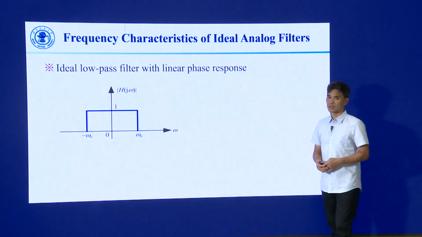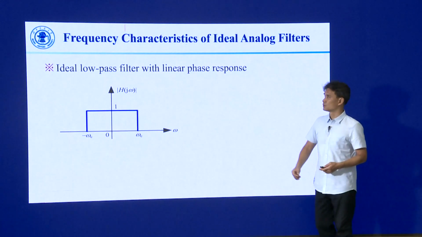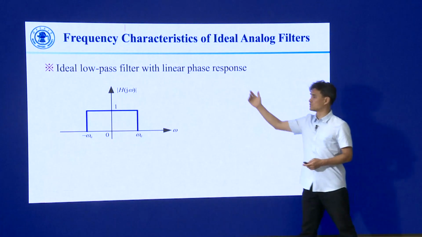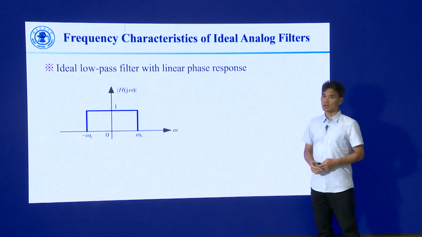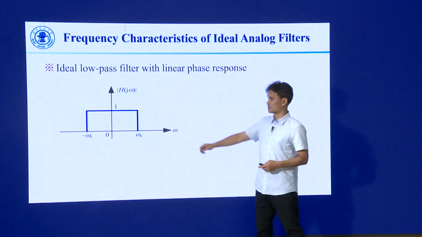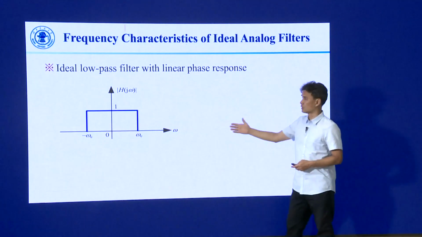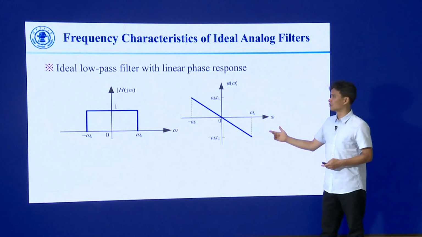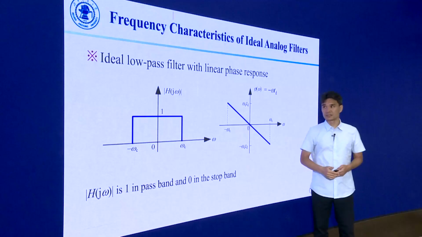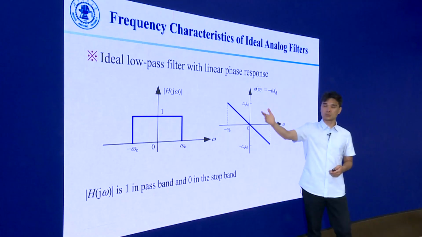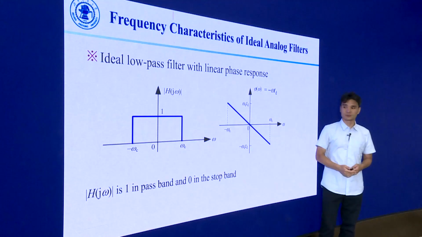But that definition can be extended to a linear phase response. So if we have an amplitude response like this, and we have this type of phase response, this is also called an ideal low-pass analog filter.